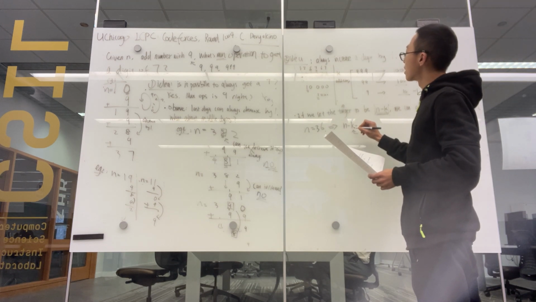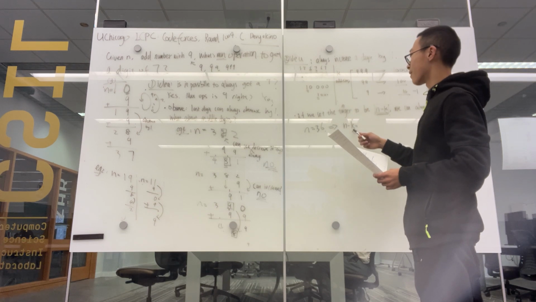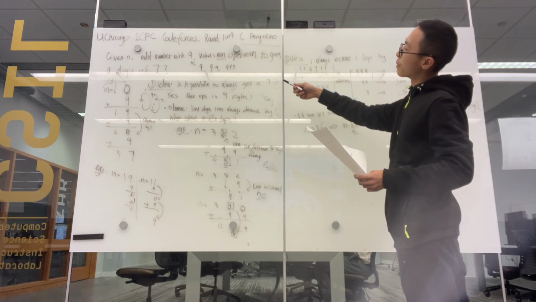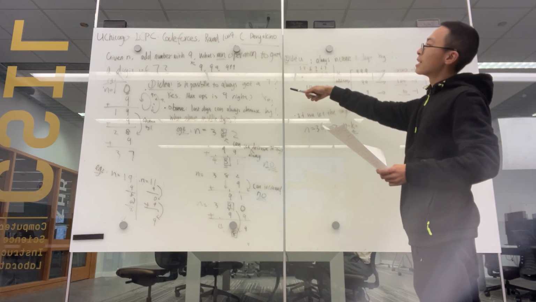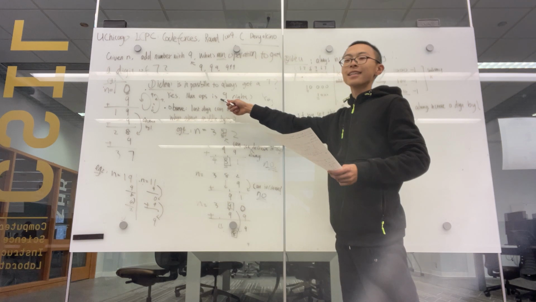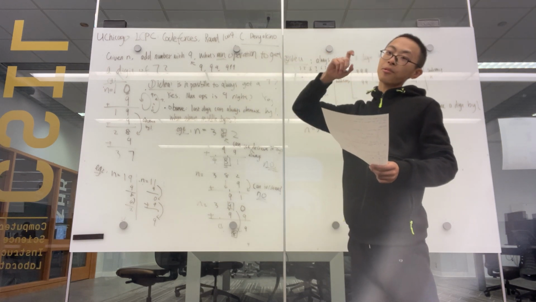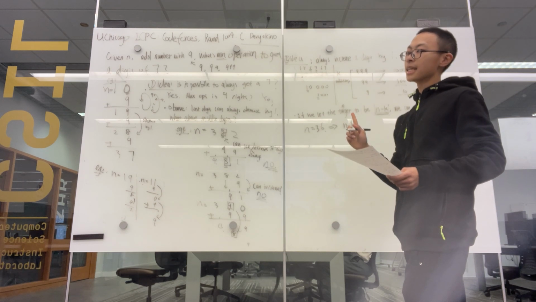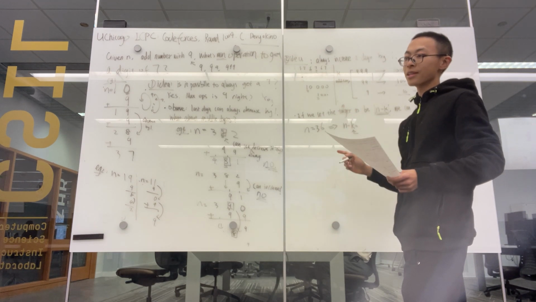But k is our answer, the minimum operations. And what's the maximum of k? Isn't it just 9? So within 9 operations, we can always get a 7.